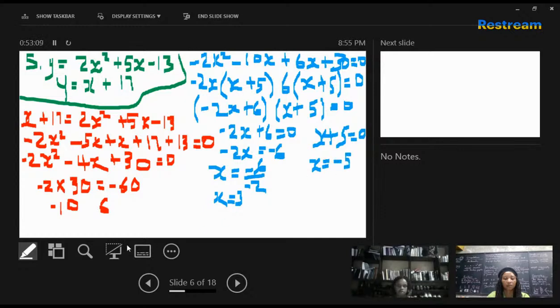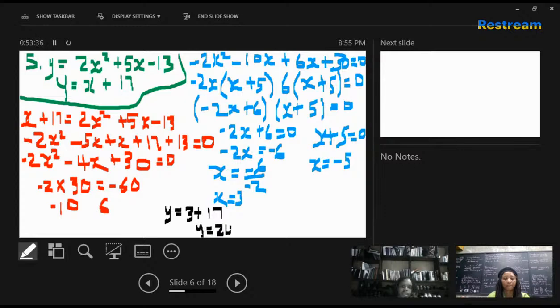Now we are going to find our pair of y values. We substitute the x values, two times because we have two x values, into the second equation originally. So y equals 3 plus 17, and 3 plus 17 is 20. So y equals 20.